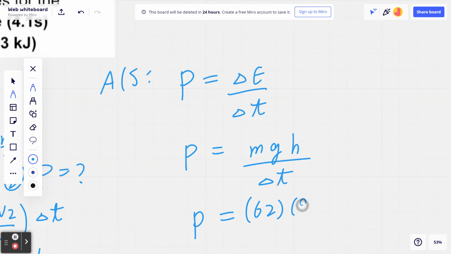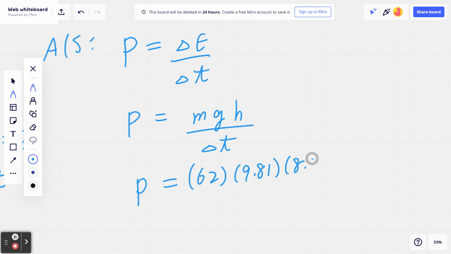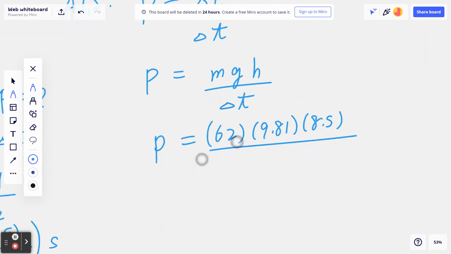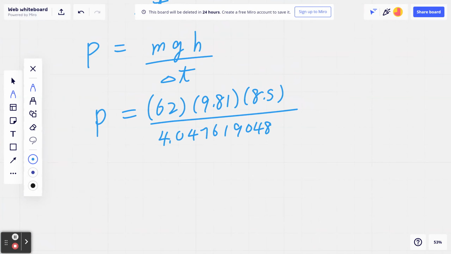Gravity, you can use 9.8 or 9.81 times the height, which is going to be 8.5 meters, divided by time. And again, in this case, I can use 4.04761948, just like that. And let's grab the calculator and work it out.